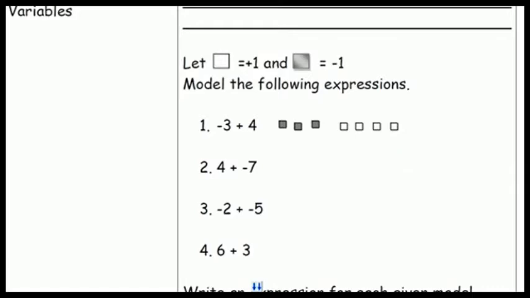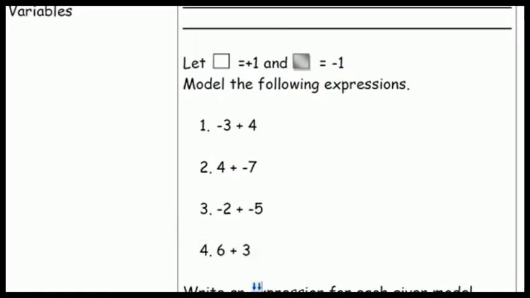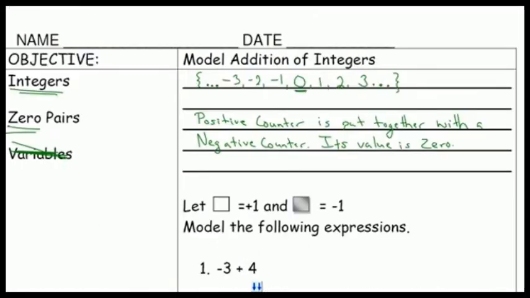Now, remember when we talked about zero pairs, right up here, we talked about it being a positive and a negative counter, right?